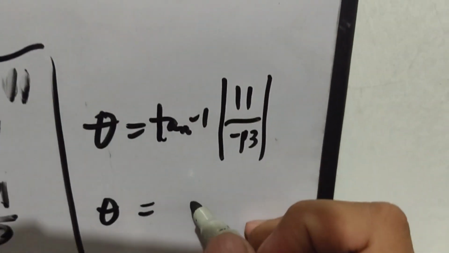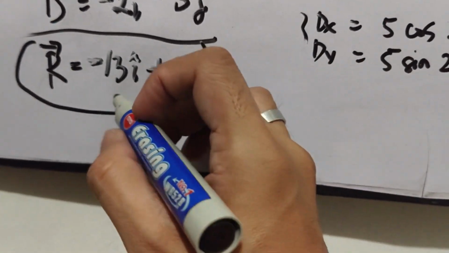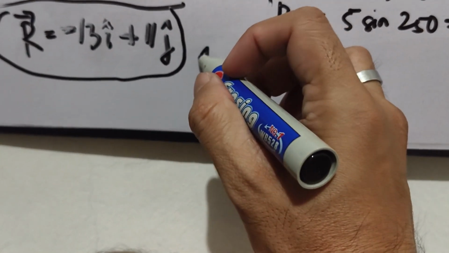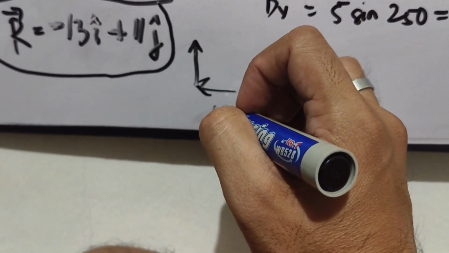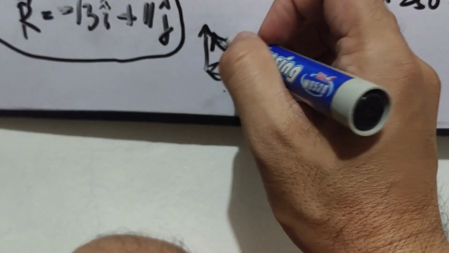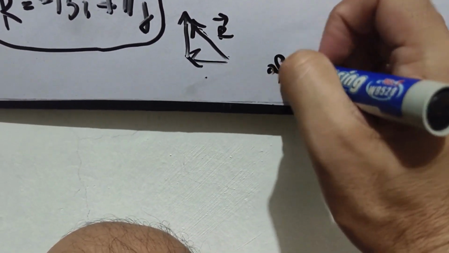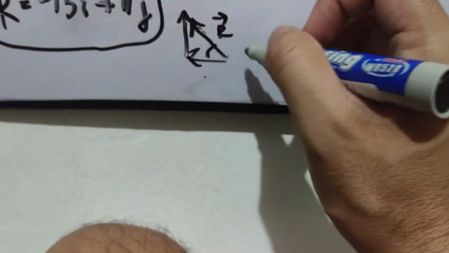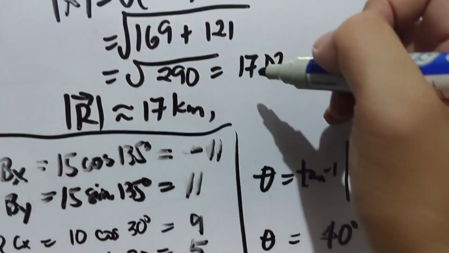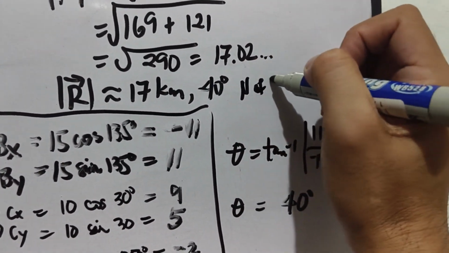Rounding off to a whole number, we will have 40 degrees. And what's the direction? The direction can be obtained from here. So negative x, positive y, ito yung i, ito yung j. So the resultant is in here. Ito yung resultant. Direction is galing sa west, moving towards north. So north of west. Therefore, the final answer is also 17 kilometers, 40 degrees north of west.